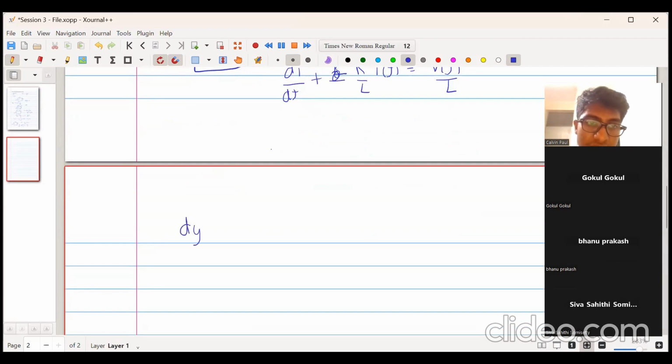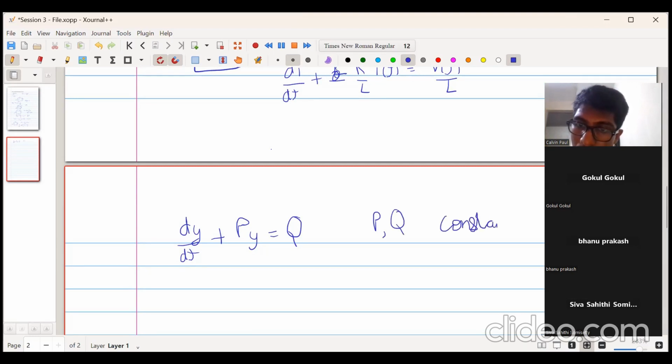If it is like dy/dt plus p into y is equal to q, a first order linear differential equation of this form, where p and q are either constants or only functions of the independent variable. In this case it is time, x is time, sorry.